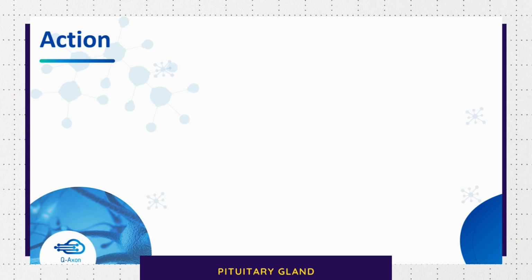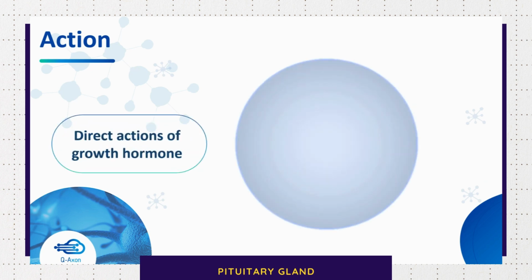But at the same time, when they injected growth hormone into a living animal, they found that the chondrocytes grew in size. So they broadly classified the actions into direct actions of growth hormone and actions via insulin-like growth factor. This is the intermediate substance through which most of the actions of growth hormone are expressed.